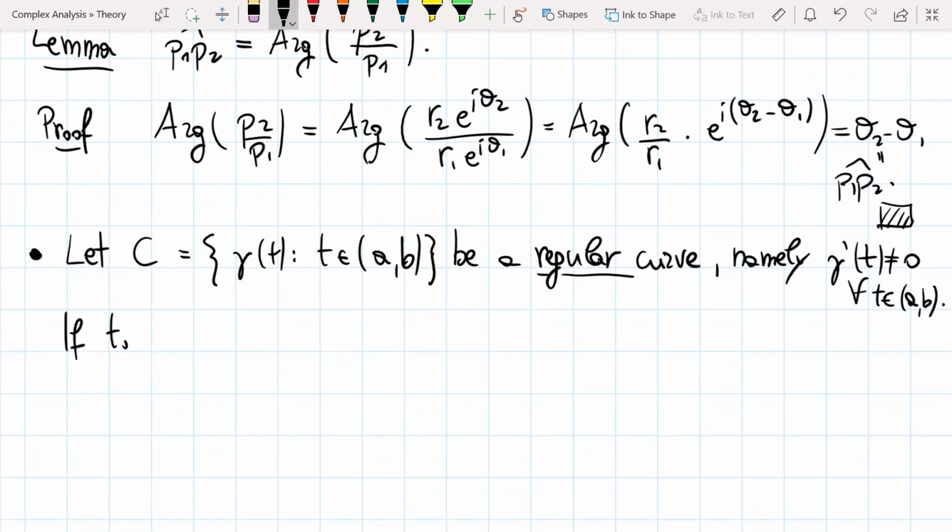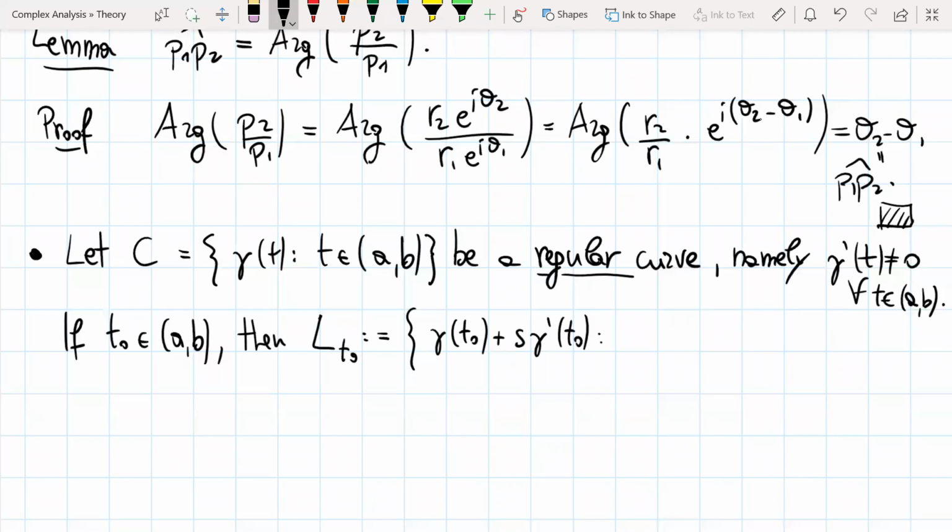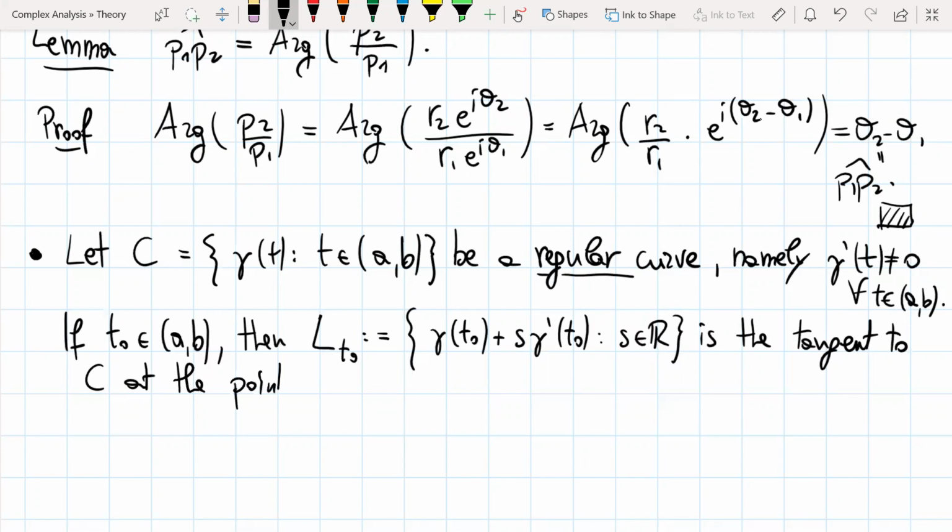If t0 now is an element in (a, b), then L(t0) is the line defined by gamma(t0) plus s gamma prime(t0) for s a real number. This is the tangent to the curve C at the point gamma(t0).